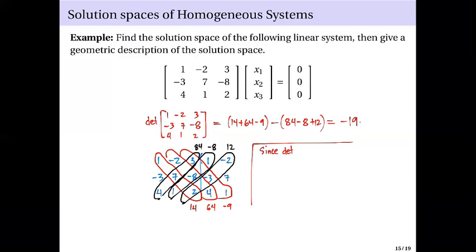Since determinant is not zero, the system has a unique solution. And that solution is the zero vector.